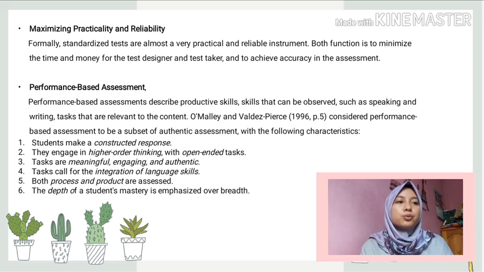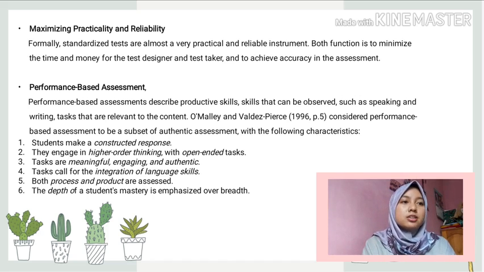The drive for more performance-based assessment is part of the same general education reform movement that has raised strong objections to using standardized test scores as the only measures of student competence. The argument, as you can guess, is that most standardized tests do not bring true results to test takers.